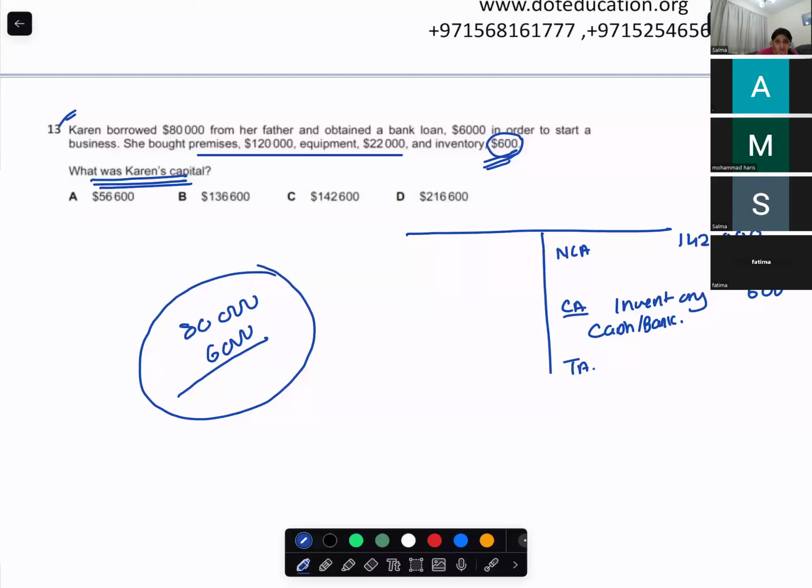Miss, 86,000. Didn't she use it to purchase this premises and equipment? So she's borrowed 86,000 according to you, and from this 86,000 she's taken how much? 120 plus 22,000 plus 600. So where is the other money coming from?